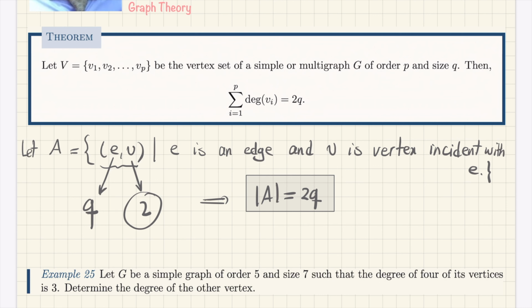But now let me count it in a different way using the sum rule. I want to count the same thing, but this time using the sum rule. Okay, how do I do that? Let me consider a vertex. For example, I want to choose a vertex here, and let me choose vertex number 1, V1. Can you tell me how many ordered pairs there are where the second component is V1?